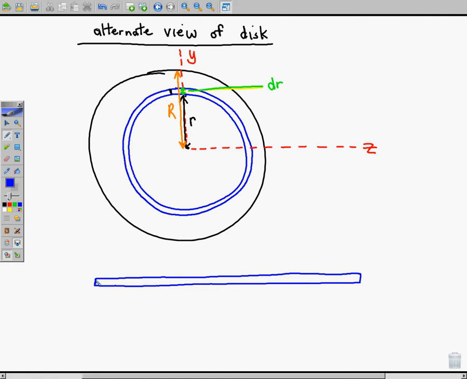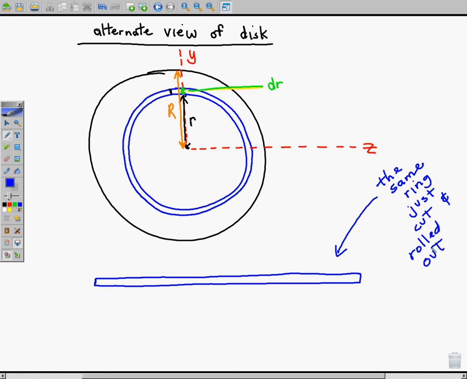So that there is the ring. It's just cut and rolled out. So that's the same ring.